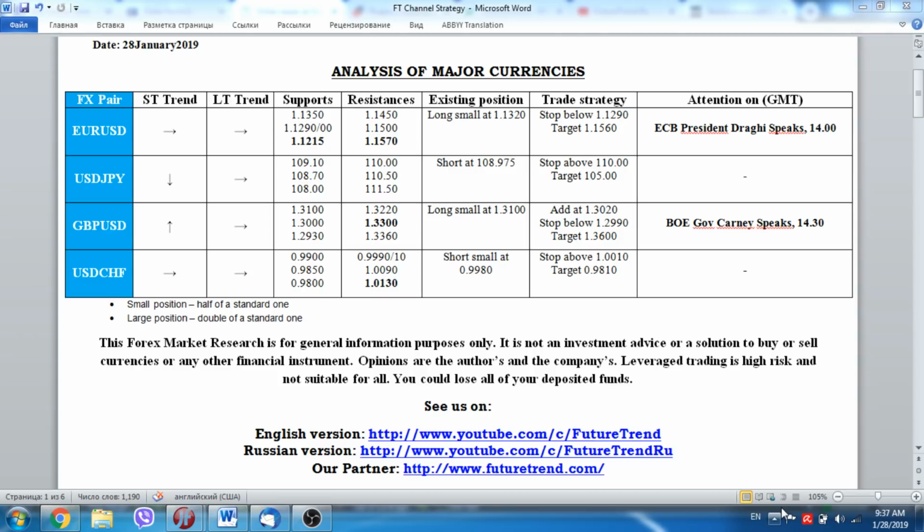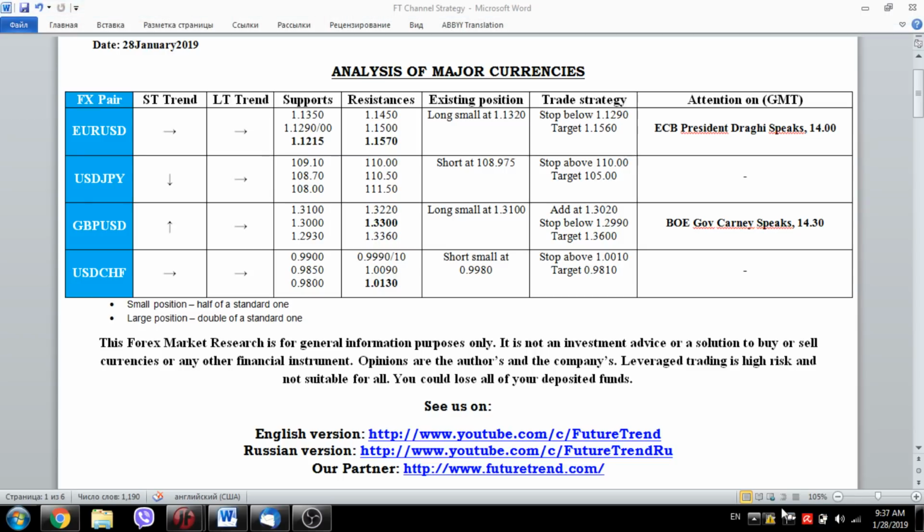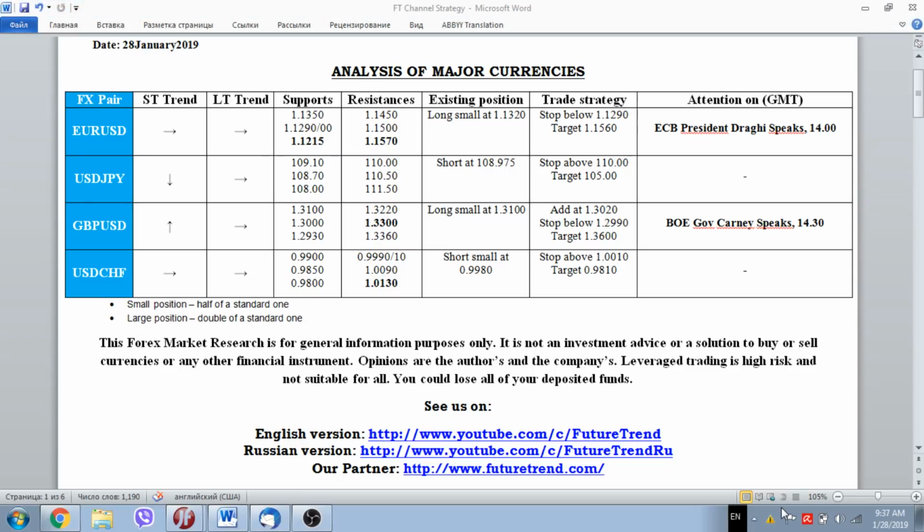Of course, it should be more or less interesting and important for the financial markets because traders are trying to find clues of how to trade major currencies in the closest future, and that probably explains why the United States dollar is looking weaker than usual at the moment.